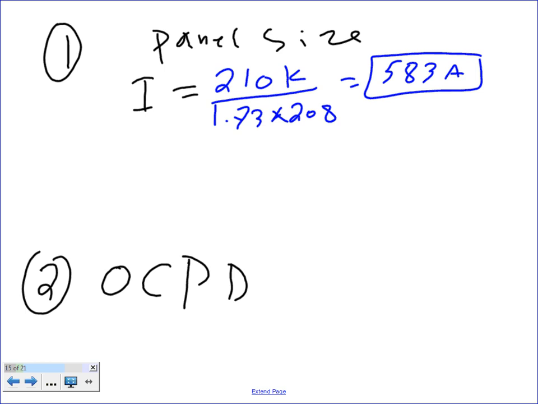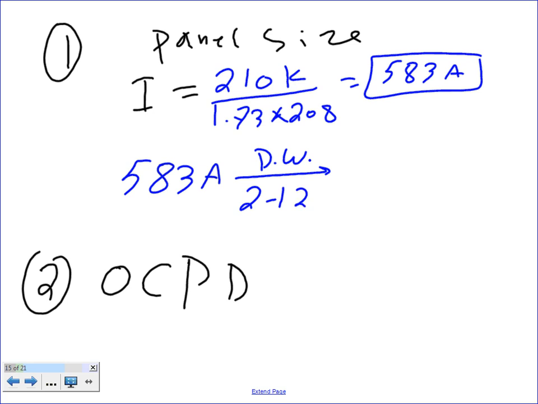Now, Chris, you and I know to size the panel, we need to go to some type of industry reference. DeWalt gives you close enough to this, and instead of going to the Cutler Hammer catalogs and Square D guys, I like what DeWalt has summarized. We can go to 2-12 this time, and that will give me a 600 amp panel.